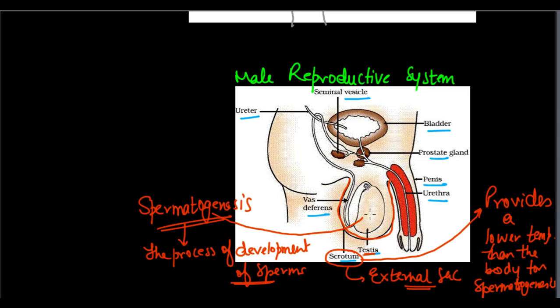Next, when the sperms are finally developed and are supposed to be released during sexual intercourse, they move from the testis through the vas deferens, which has another name. It is called the sperm duct. It carries the sperms from the testis towards the urethra for removal from the body.